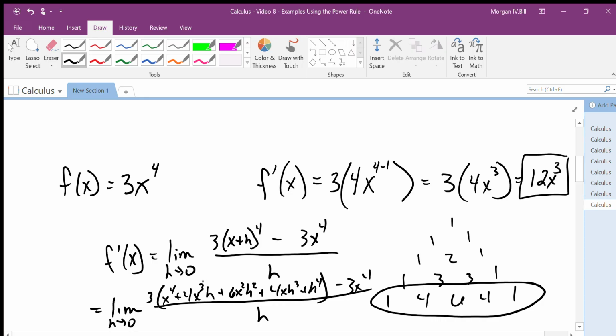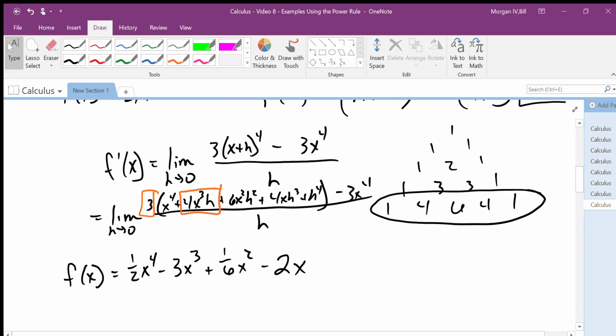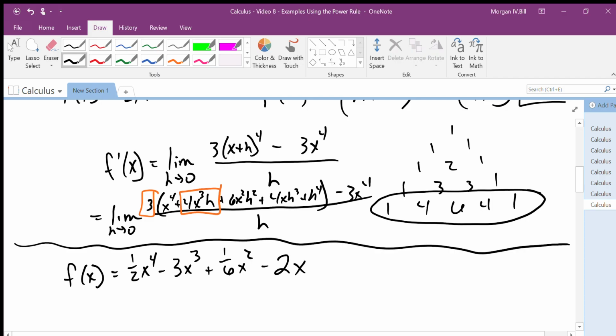Notice the answer is going to come solely from this 3 times the second term, 4x to the third. 3 times 4x to the third is 12x to the third. Point there being, the power rule is much more efficient than the limit definition of the derivative.